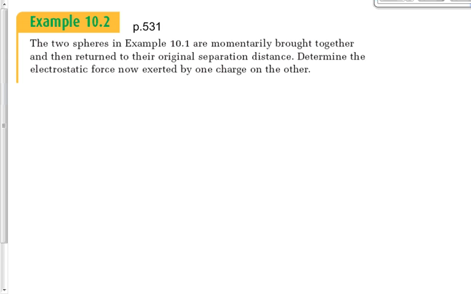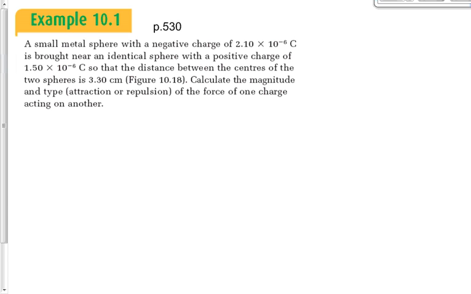All right, let's take a look at another example here on page 531. It says two spheres in example 10.1, that's the example we did yesterday, are momentarily brought together, then return to their original separation distance. What's the electrostatic force now exerted by one charge on the other? Well, let's go back to example 10.1 and look at what the charges were.